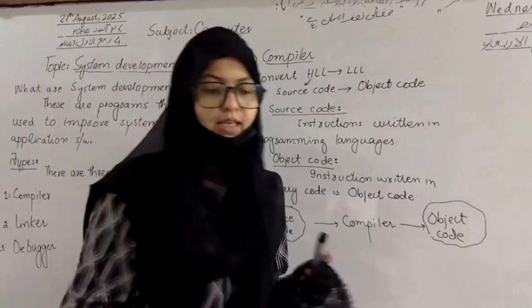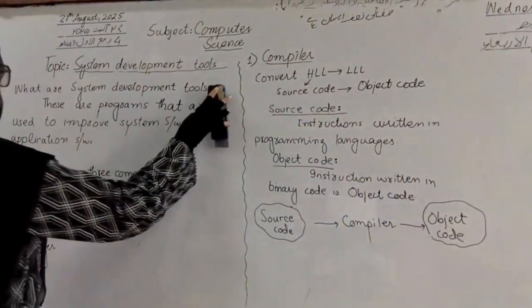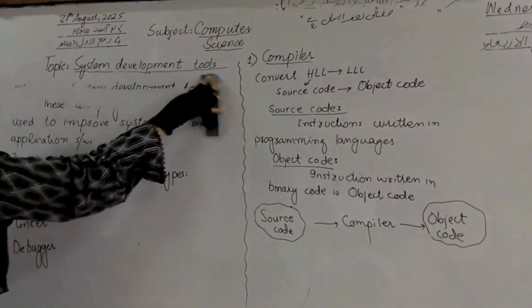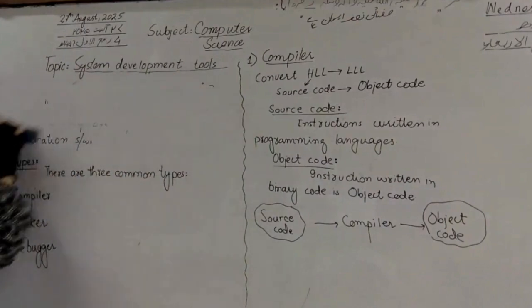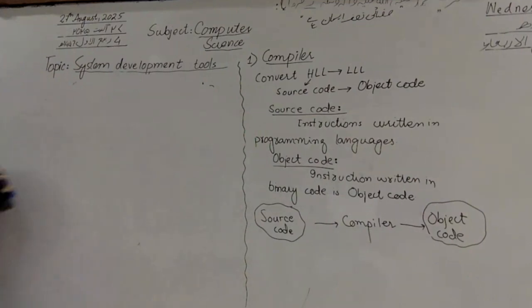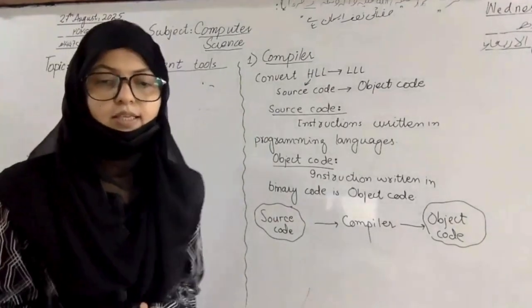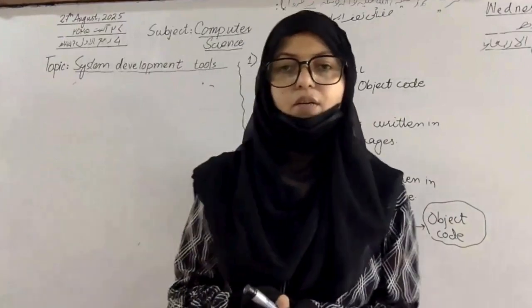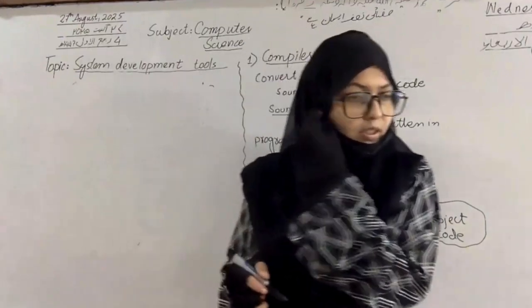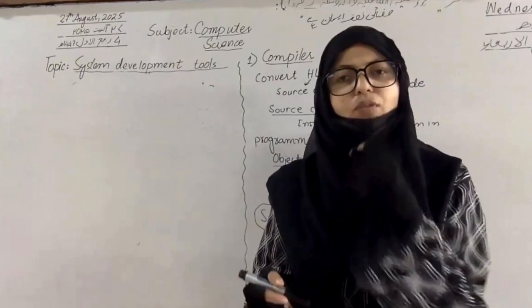Now the second one we are going to learn is the linker. So now we are going to learn the second system development software, which is the linker. From the name, you can guess what the task of the linker will be.